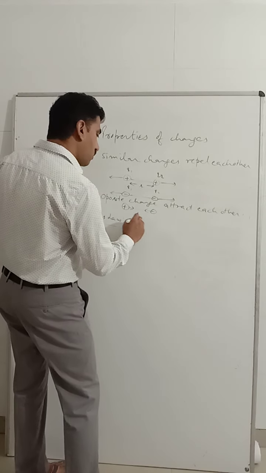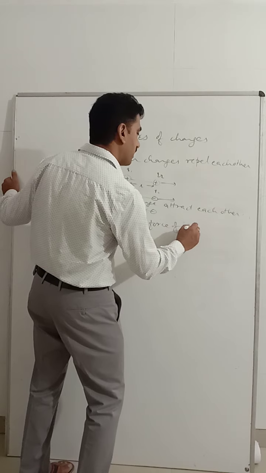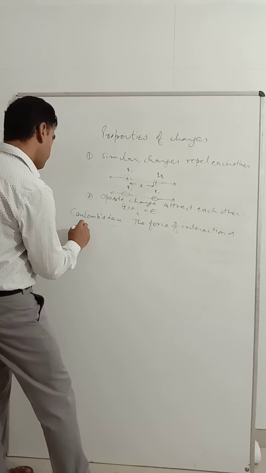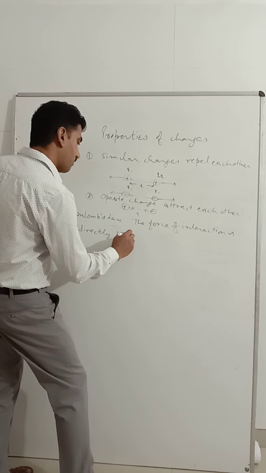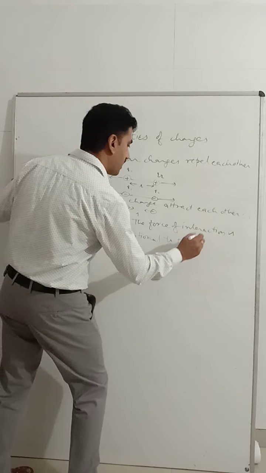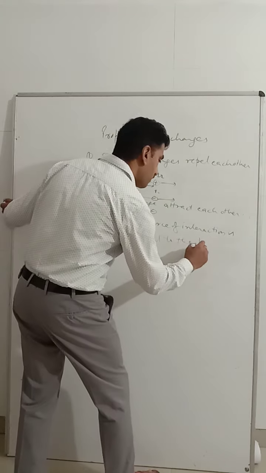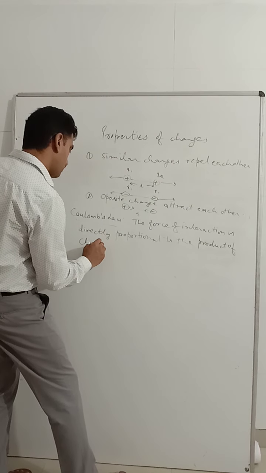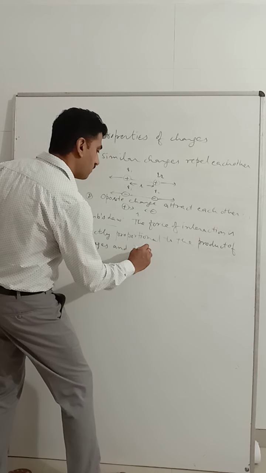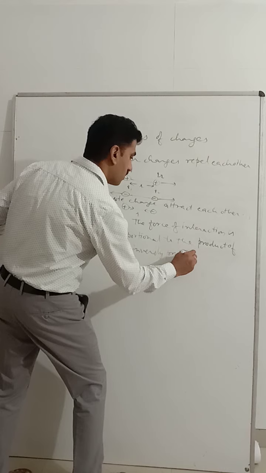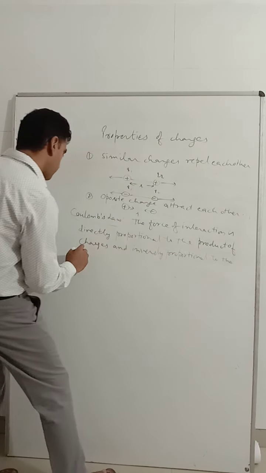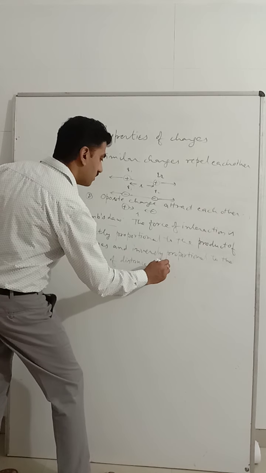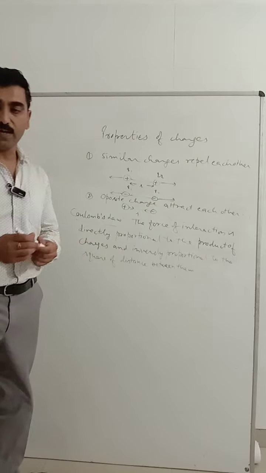According to Coulomb's law, the force of interaction, meaning attraction as well as repulsion, is directly proportional to the product of charges and inversely proportional to the square of distance between them. Mathematically, how do you write this?